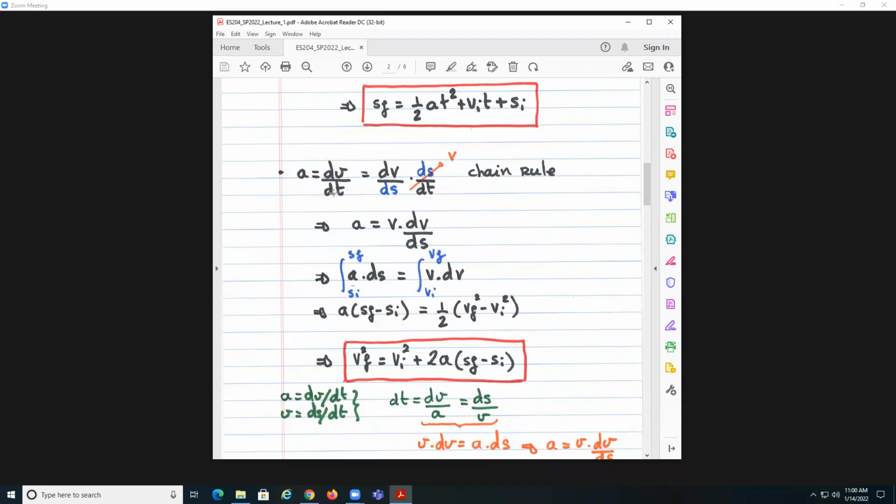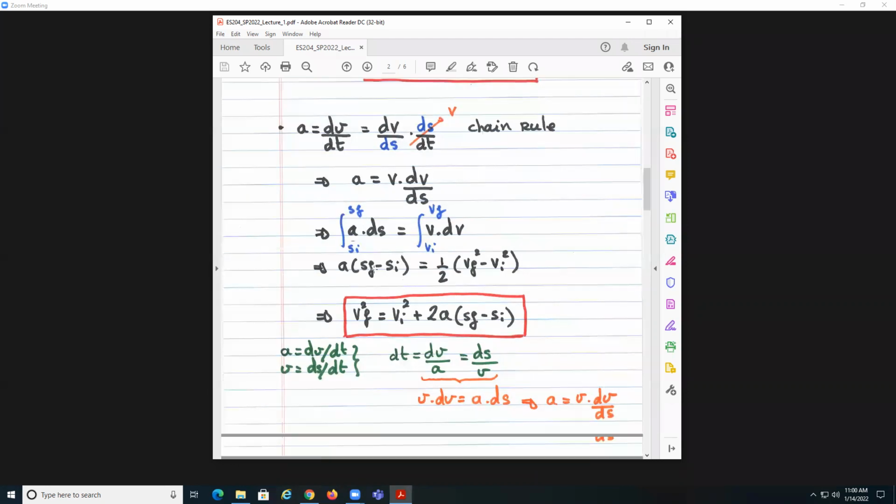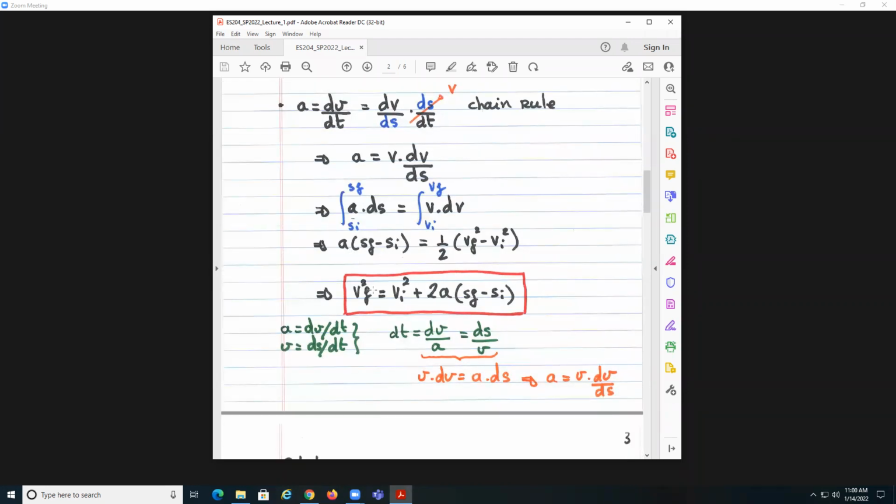So now we just rewrite a equals v dv/ds. We do separation of variables, a ds because a is constant, equals v dv. We integrate, we do some basic algebra, and we get the expression for the final velocity to be the initial velocity squared plus 2 times a times (s final minus s initial).